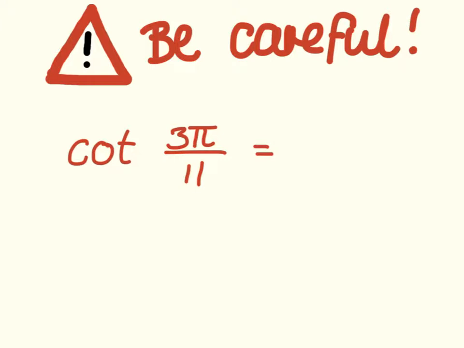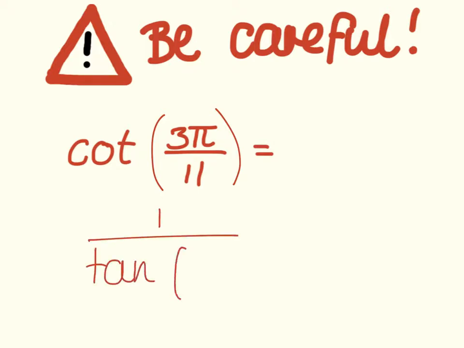Even if the angle is a fraction, it's not going to reciprocate, because the angle, the x value or theta or whatever it is, stays with the trig function. So this is going to be 1 over tan of 3 pi over 11. That angle isn't going to change. And again, chuck it in your calculator, 1 over the answer, whatever.